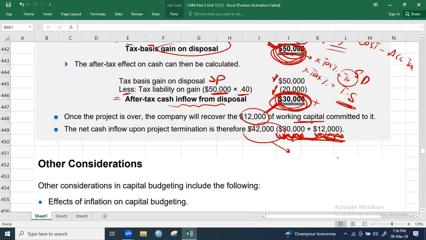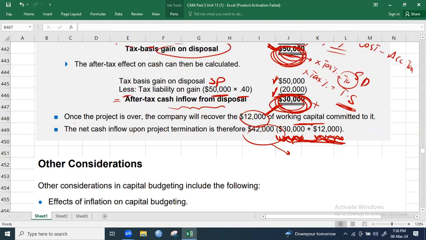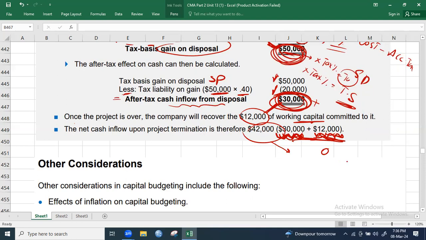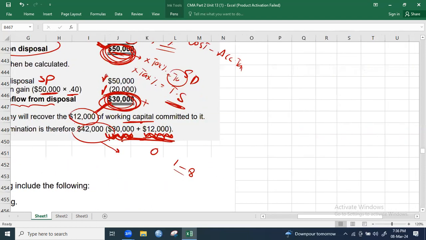This will be written in the last year of the project. If the project has an 8 year life, you will write year 0, 1, 2, 3, 4, 5, 6, 7, and 8. For example, I'm just assuming termination cash flows are 42,000 here.